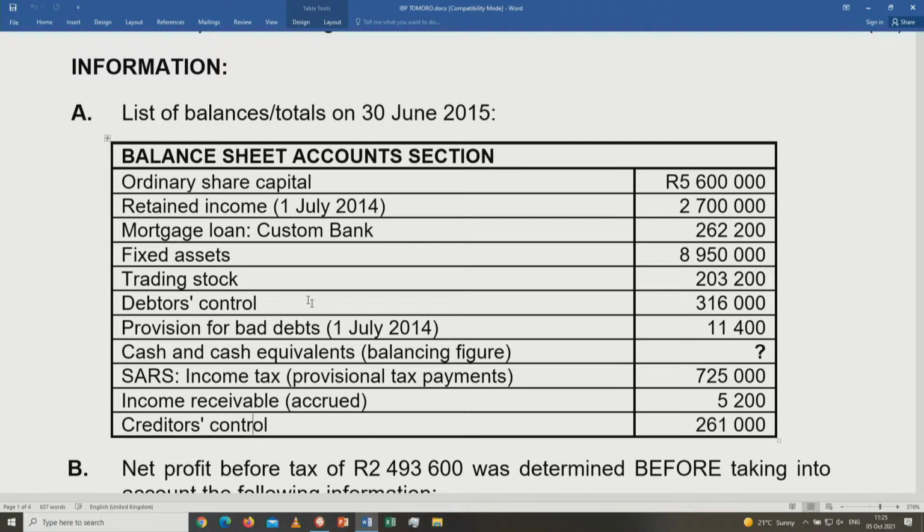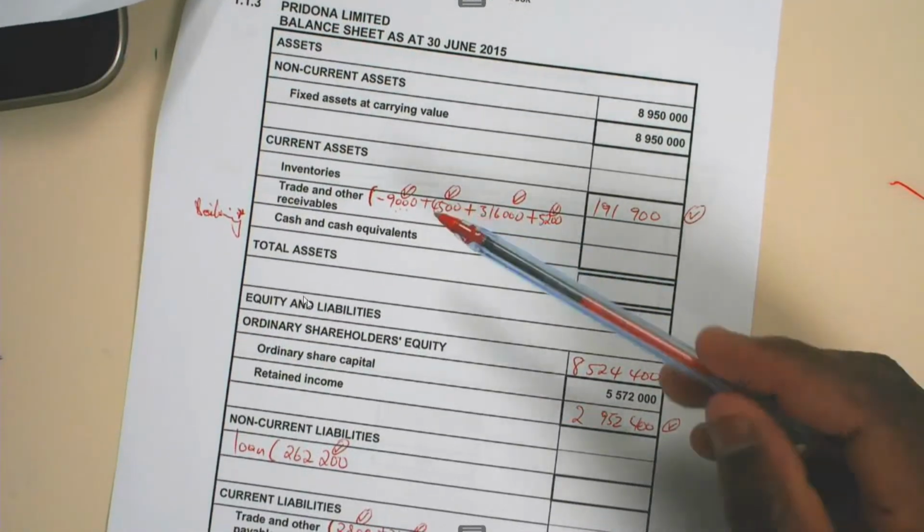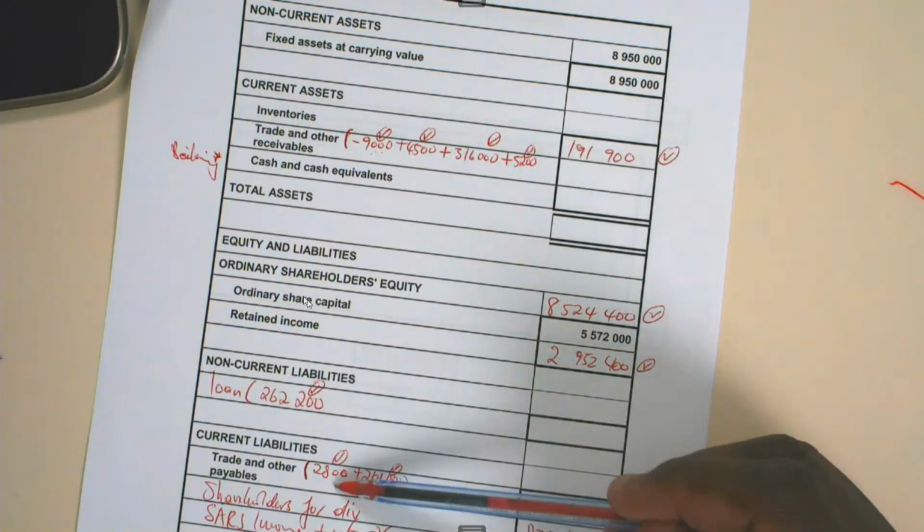Now I want us to quickly check how many free marks this question comes with. We have here 2, 4, 5, 7, 9, 10, 11, 12, 13, 14.